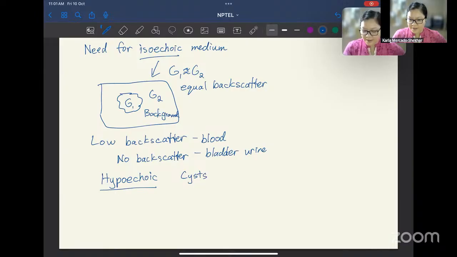Those also have really low backscatter, so they're considered hypoechoic. This is always relative to the surrounding background tissue, which would be the more healthy, normal background.